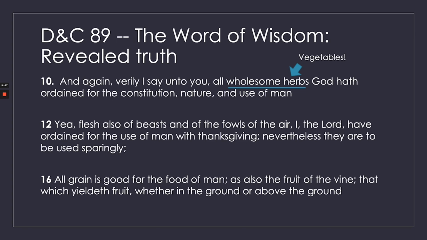Yea, flesh also of beasts and of the fowls of the air, I the Lord have ordained for the use of man with thanksgiving. Nevertheless, they are to be used sparingly. And all grain is good for the food of man, as also the fruit of the vine. That which yieldeth fruit, whether in the ground or above the ground." Okay, so these things sort of line up also with the diet we just talked about, the dietary guidelines and the Mediterranean diet.